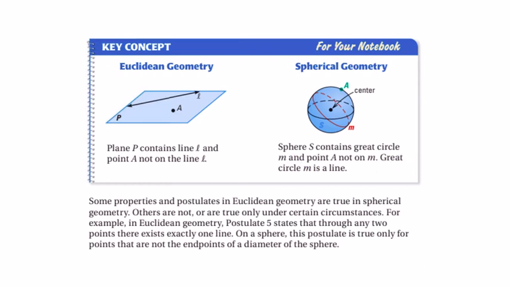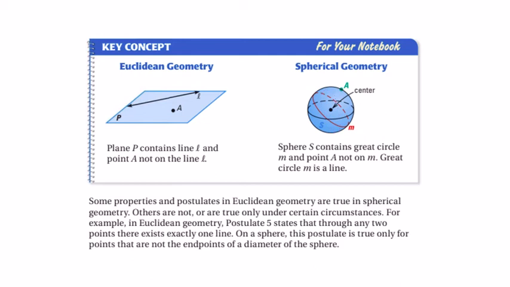If I were to pick at random 2 points, here's this point and this point on the surface of the sphere, as you can see, there's actually 2, and then I could draw in another great circle over here. There are infinitely many great circles, or, kind of the translation from Euclidean, lines that pass through those 2 points in spherical geometry.